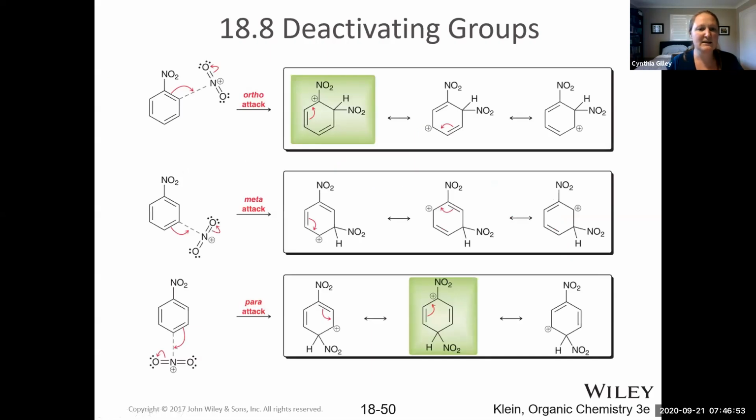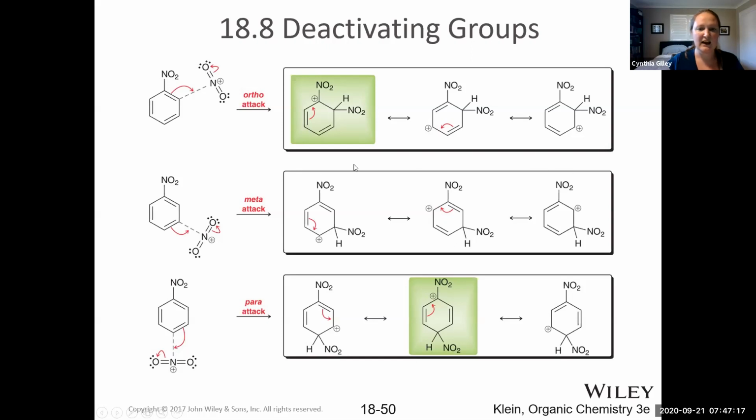Let's explain why it's a meta director. It's a meta director because ortho and para attack lead to particularly destabilized arenium ions with a positive charge right next to the powerful electron withdrawing group. So this destabilizes the intermediate, and as a result, meta attack is the best of the worst.